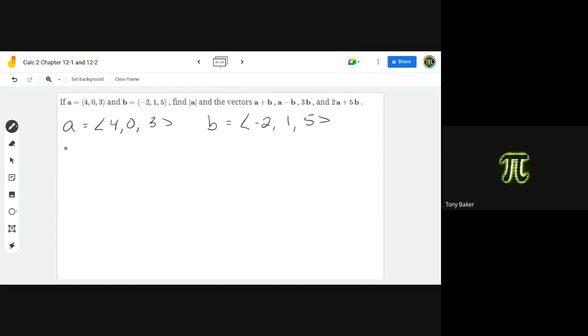The first thing we're going to look for, and no, that's not the absolute value of A, is the distance, or magnitude. The reason I wrote distance is because that's the formula we're going to use, which is also known as your magnitude.